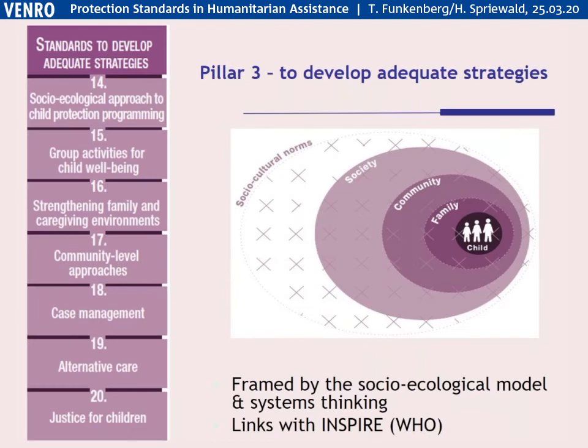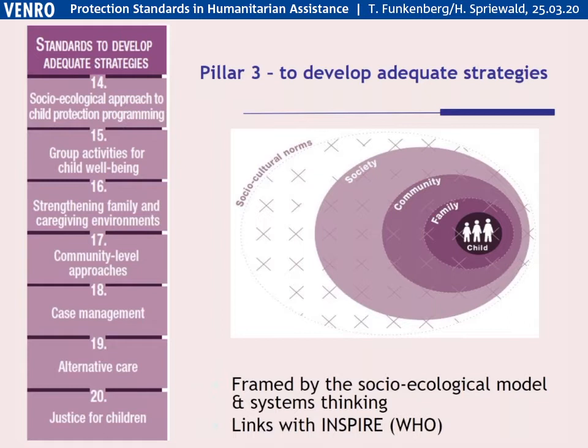For example, when we now develop adequate strategies to prevent and respond to protection risks, you can see here the socio-ecological approach in the diagram. First of all, a child should participate, be strengthened and be resilient, to empower children to protect themselves. They are part of the family, not only the close relationships to parents, but also the wider family.